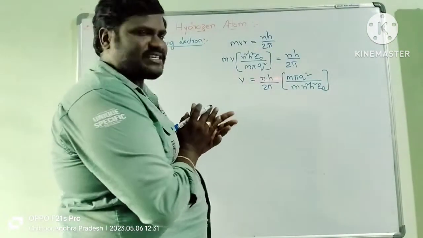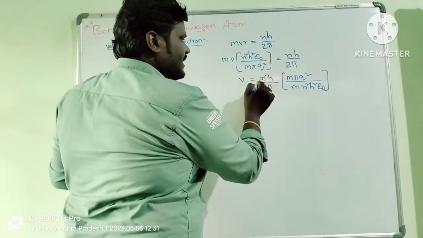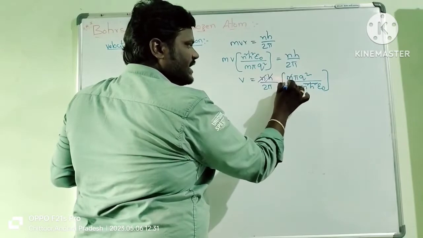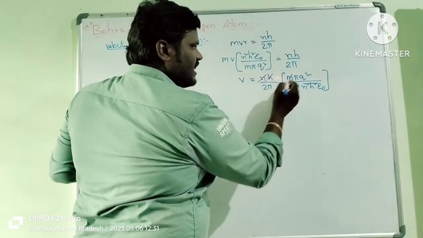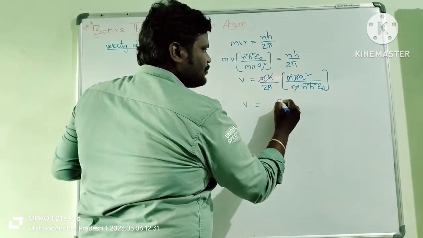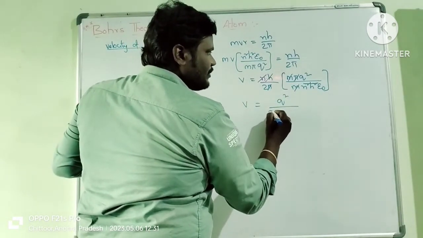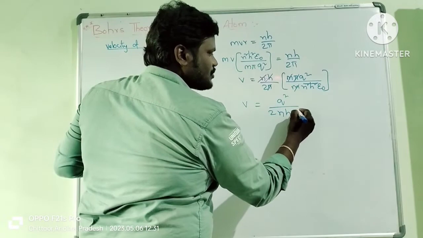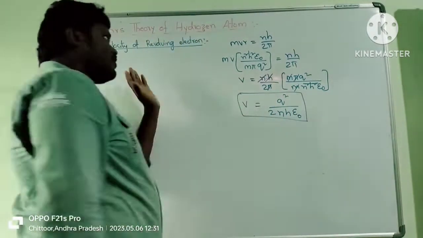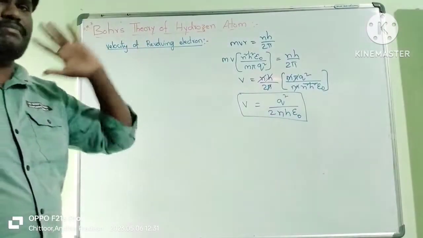Now here the cancellation possibilities: nh gets cancelled, m and m get cancelled, and 1 pi and 1 pi get cancelled. So now v is equal to q square by 2 n h epsilon naught. So this is the velocity of the electron while it is revolving in the orbit.